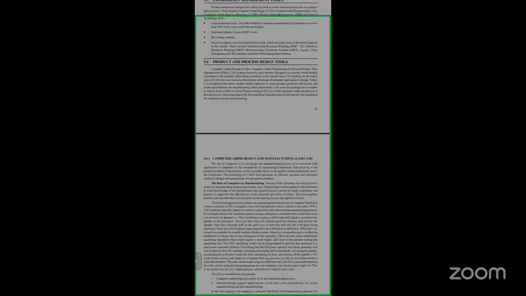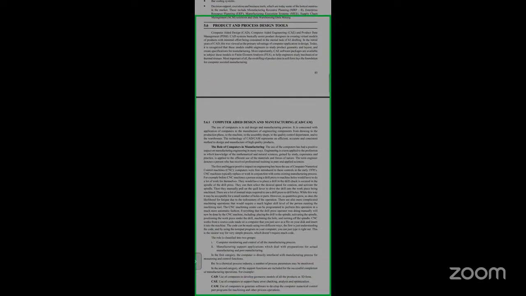Product design tools play a very crucial role in the manufacturing organization, because manufacturing concerns use computers to design and manufacture, which is concerned with the application of computers to the manufacture of engineering components from drawing to the production phase. In this process we use CAD and CAE, which use computers to develop geometrical models for all products in 3D form.